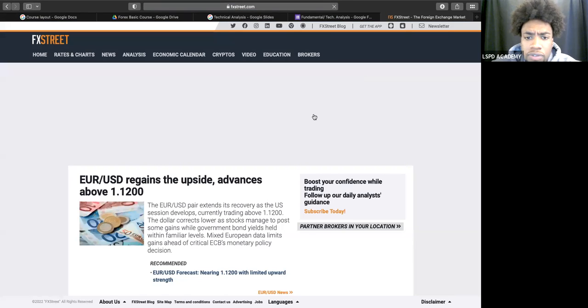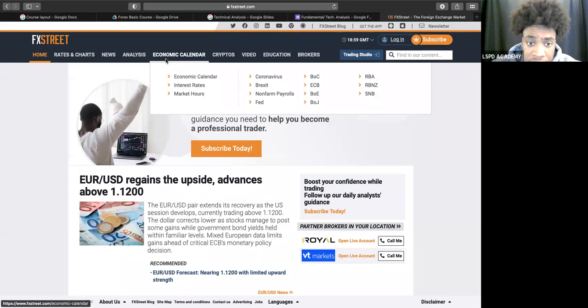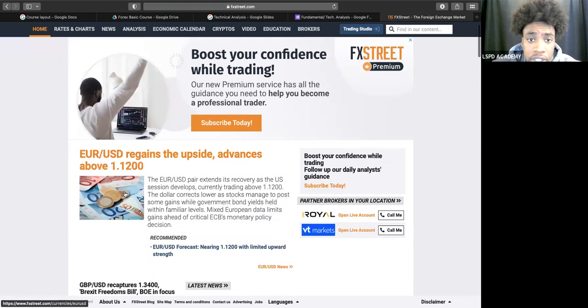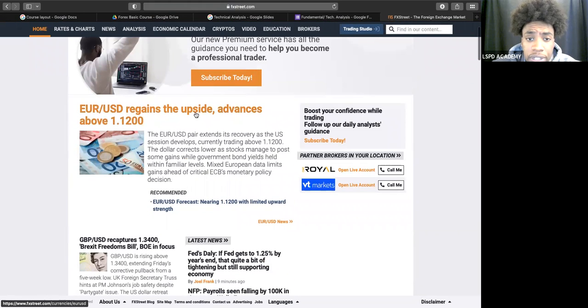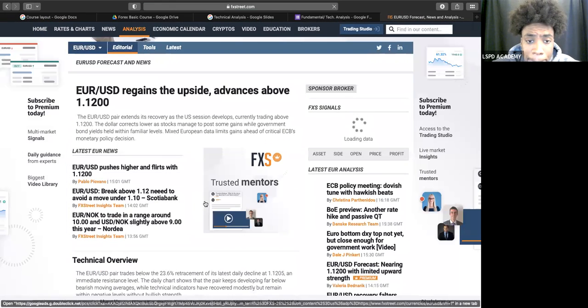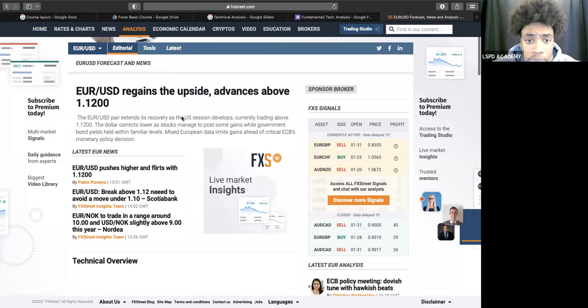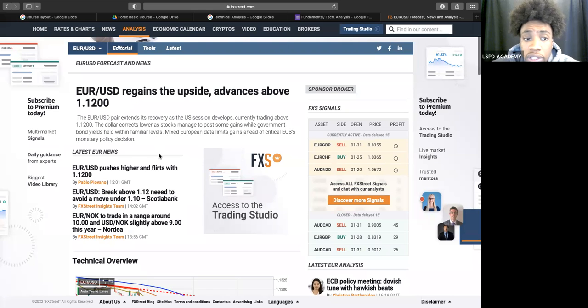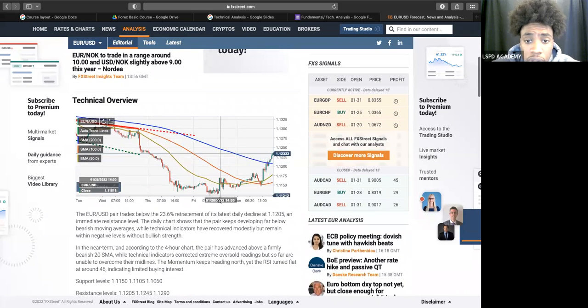So head on over to FX Street, and one of the main things we see as soon as we open up here is EUR/USD regains the upside, advances above 1.1200, right? So it'll give you a nice little title. It gives you information on what this article is about.